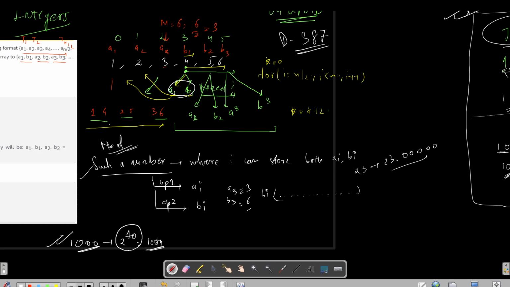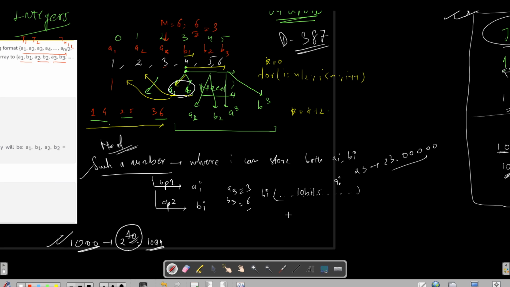What is the maximum space a number needs in this array? It is 10 bits. So I will make a 10-bit space after BI, and I will store AI in this 10-bit space. I did something so that it got stored, right? How I did that will be our next step.